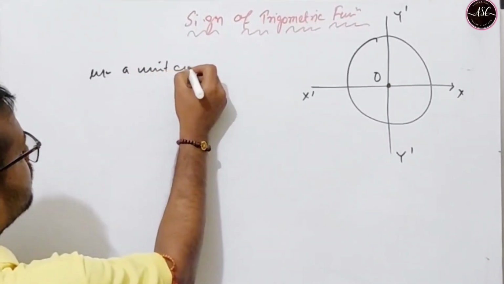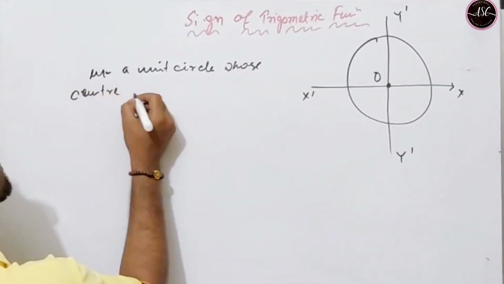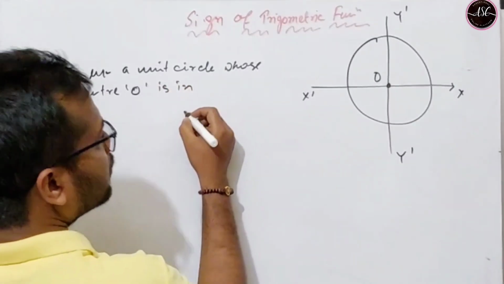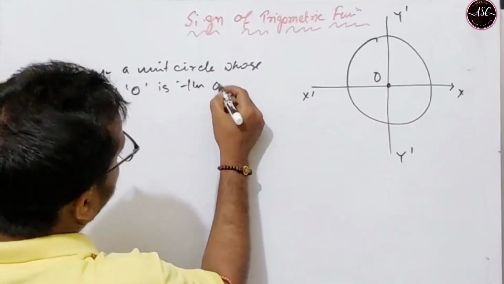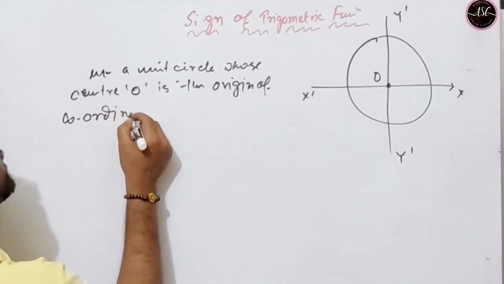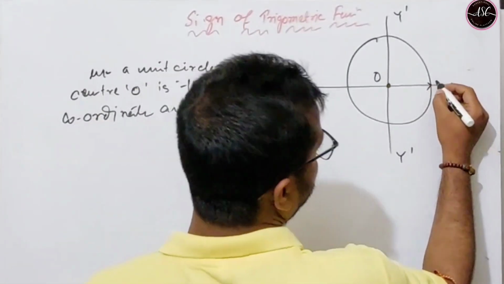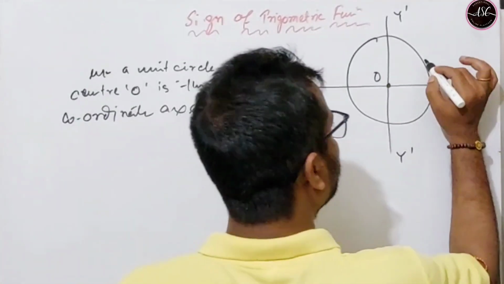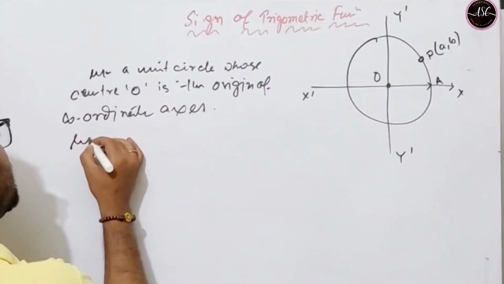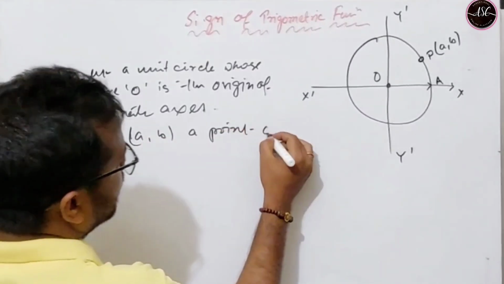Let this be the point A, and here P is the point whose coordinates are a, b. Let P(a, b) be a point on the circle.